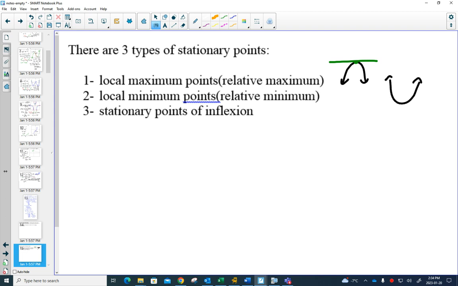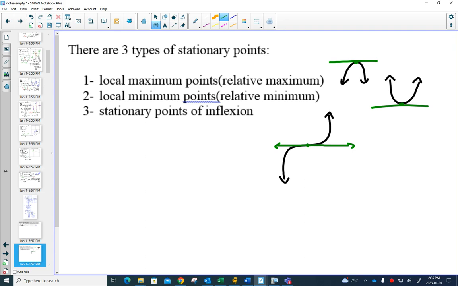Does it make sense when you have a minimum point that your tangent is flat? And the last one is called a stationary point of inflection. And you see that in your x cubed graph, where it flattens out completely in the middle, but it actually doesn't change from increasing to decreasing.